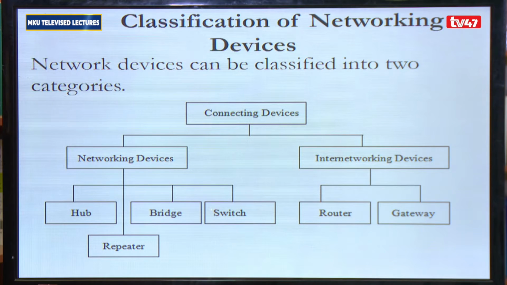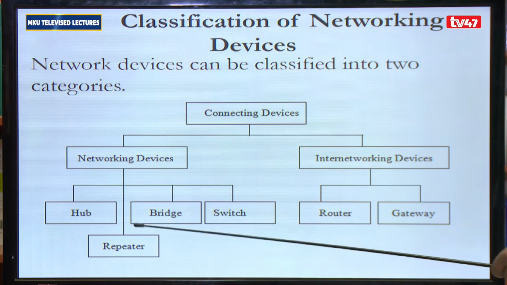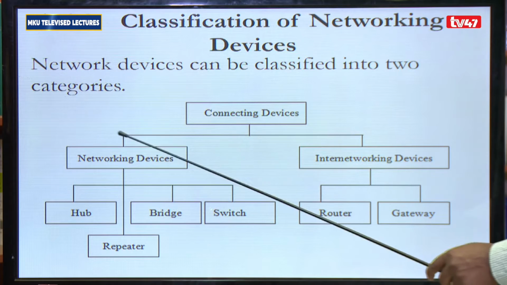If you have a simple network for a single organization, like Mount Kenya University, they have a local area network. To manage and expand that single network each and every time you're adding computers to the network, you require networking devices like the hub, the bridge, the switch, the repeater, and so on.